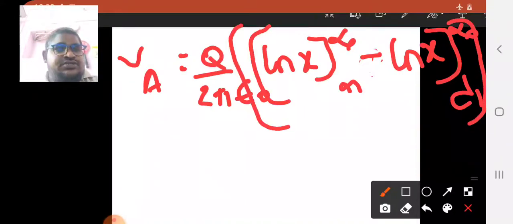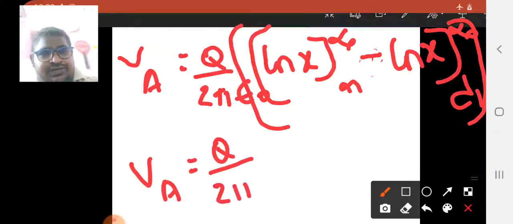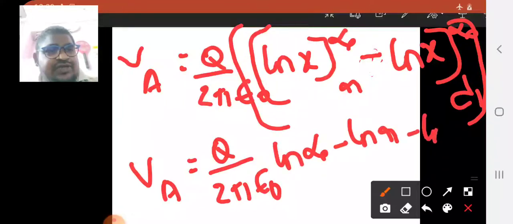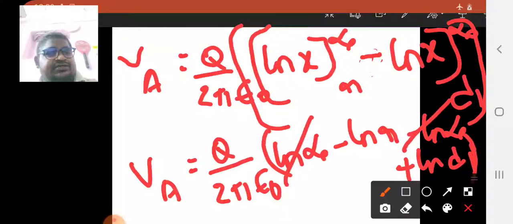This gives a single equation for VA. If we simplify further, VA is equal to Q by 2 pi epsilon naught times ln infinity minus ln r minus ln infinity plus ln d. Here ln infinity gets cancelled.